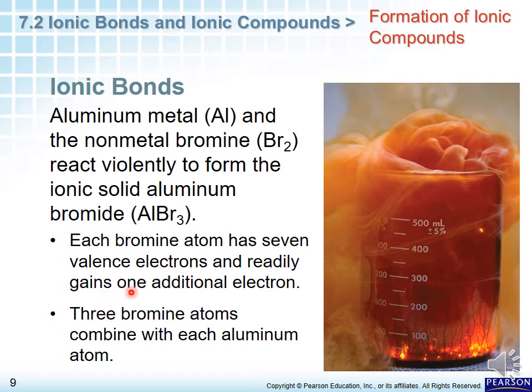Remember, aluminum has a valence shell of how many? 3 electrons, because aluminum belongs to group 3. So it gives one each to the 3 bromine atoms, and 3 bromine atoms combine with each aluminum atom and form aluminum bromide.